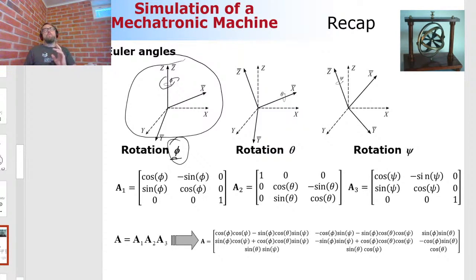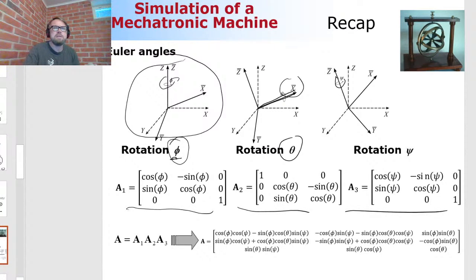Then we have a once rotated coordinate system, and this will be rotated again, this time around the rotated x-axis. The amount of rotation is theta. Then we have a twice rotated coordinate system, which will be rotated one more time, this time around the twice rotated z-coordinate axis. Now, the successive rotations mathematically can be accounted for by multiplying these matrices together, and this is how it reads.